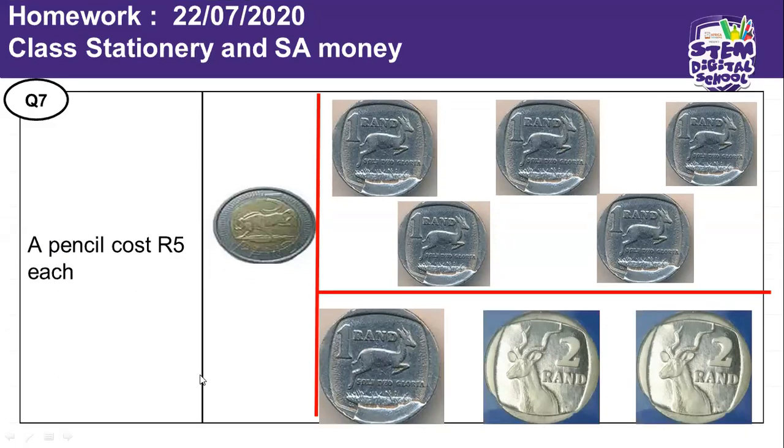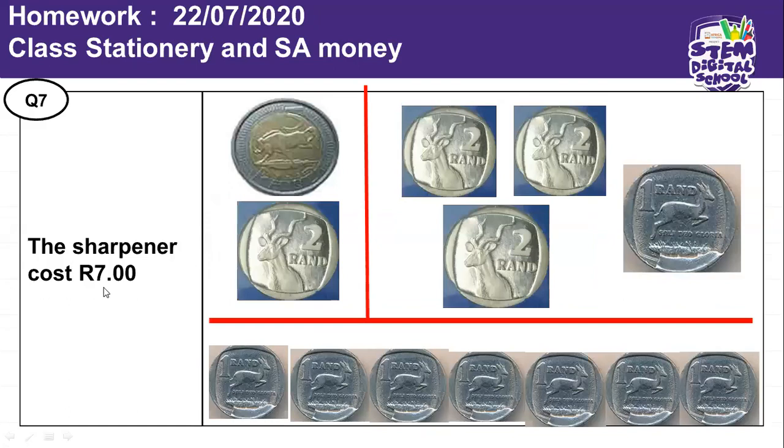And then the last one is our sharpener. There it's 7 rand, 5 rand, and your 2 rand. If you add them together, it's 7 rand. And then there we had a 2 rand. 2 plus 2 is 4, plus another 2, it's 6, plus 1 is 7.